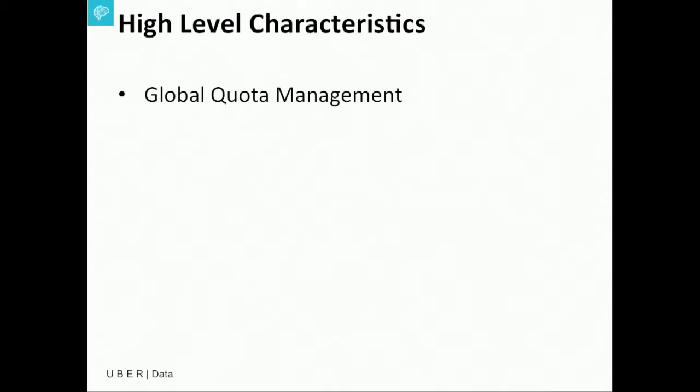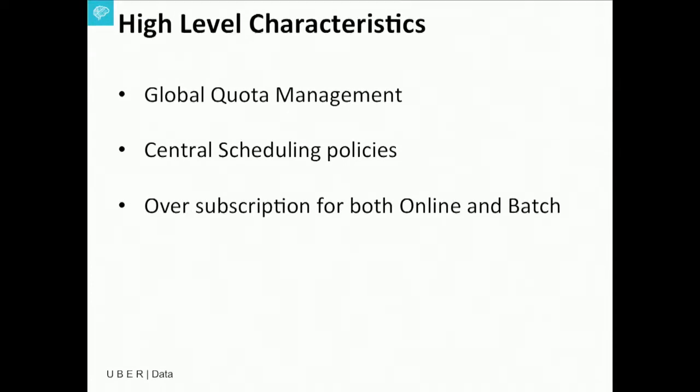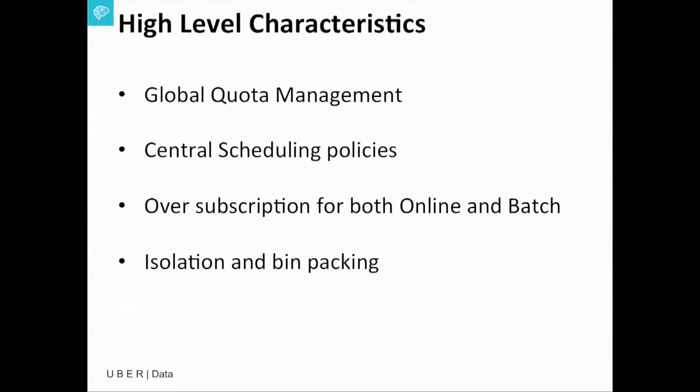These are the high-level characteristics we want. We need global quota management. We need central scheduling policies. We need oversubscription for both online and batch workloads. Isolation, bin packing, where we can actually use the resources we want to. We need SLA guarantees at the global level, right?